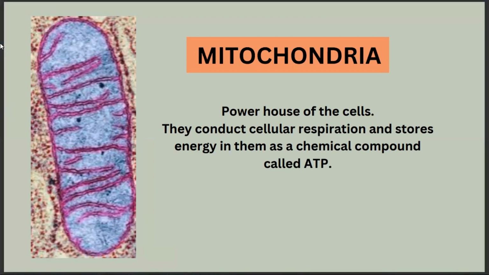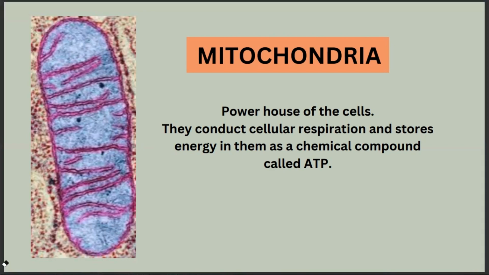Whereas energy remains stored in the mitochondria, and this energy is chemical energy, which is in the form of a chemical compound called ATP. So they have a reserve of energy in them, which is called ATP, adenosine triphosphate. Depending upon the type of the cell, the number of mitochondria can increase or decrease.